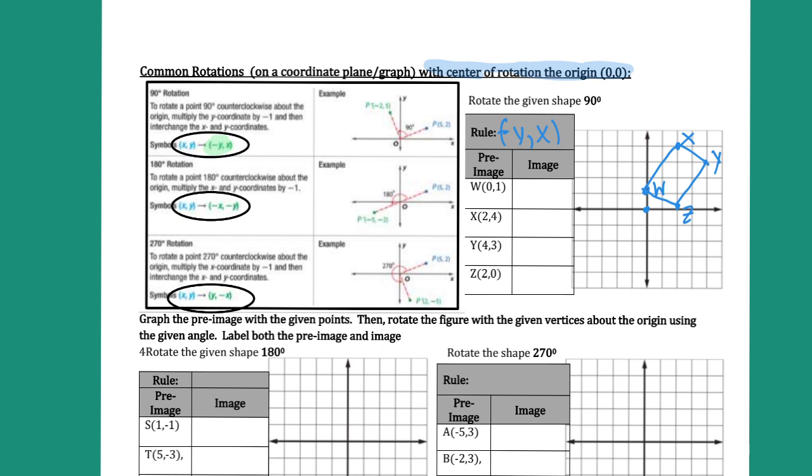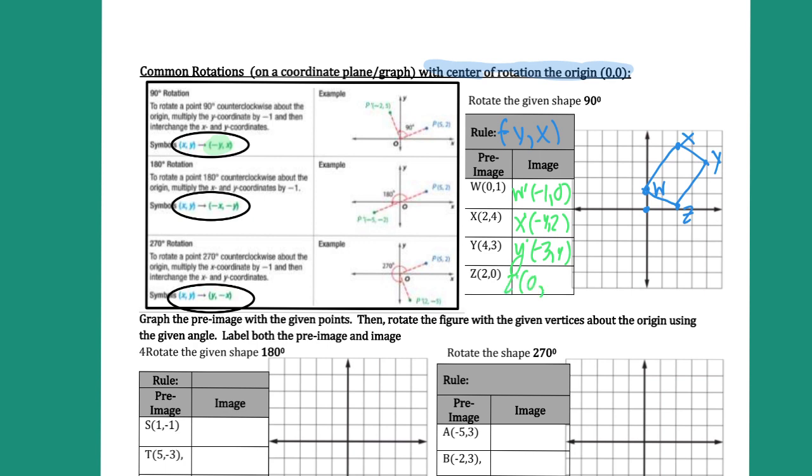And so the next point would be W prime. And so you put the y coordinate first and you do the opposite sign, what it was before, and you put the x coordinate unchanged. So X prime would be -4 and then 2. And then Y prime would be -3 and then 4. And then Z prime would be 0.